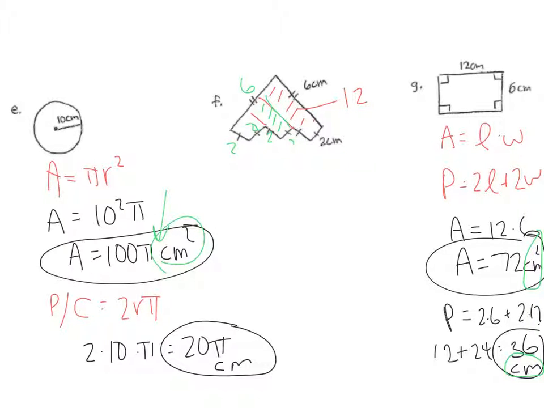This side is 4 because you're cutting off this 2 right here from 6. So this one is 8. 2 times 4 is 8. This is a 2 by 2. So this is 4 centimeters squared. So in the end, you add 4 plus 8 plus 12, and you get 24 centimeters squared.